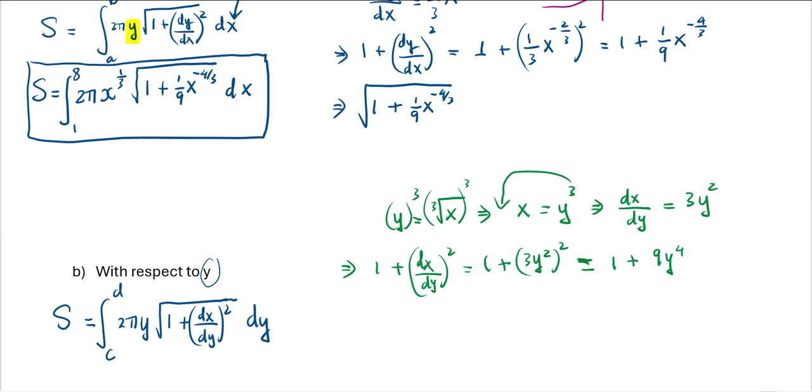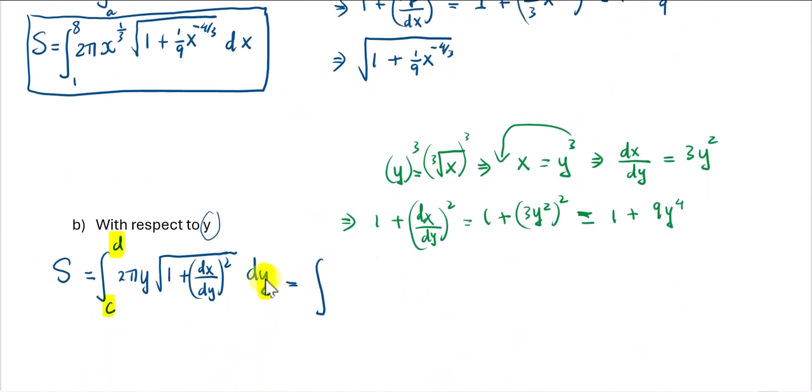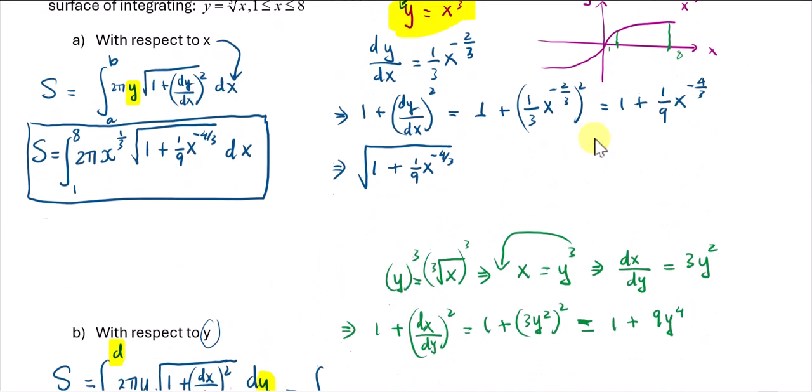Now go back to this formula. There's one more thing you have to do, which is to change the limits of integration with respect to y. Remember the 1 and 8, this value was for the x, but now we change to the y, so it has to run on the y axis.